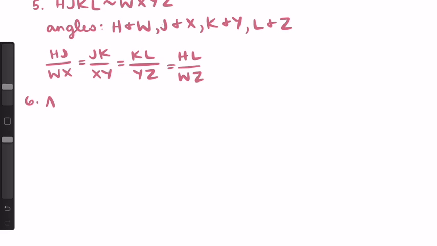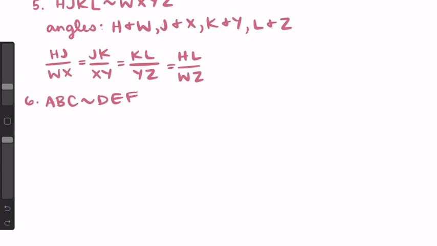Number 6 says triangles ABC and DEF are similar. Which statement is not correct? I'm just going to go through the options. So letter A says BC over EF is equal to AC over DF. So that lines up. They're all in the same spots. And then AB over DE is equal to CA over FD.